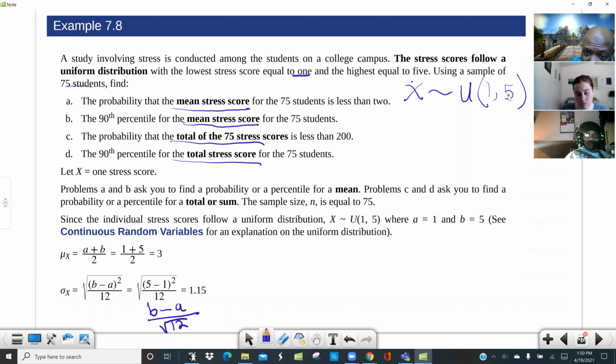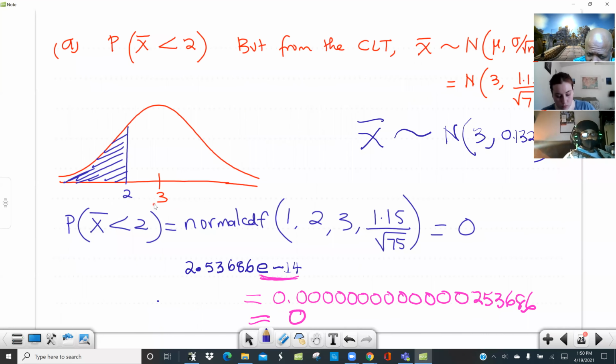But what they are saying is that if you take a group of 75 students, there is no chance that the average stress score is going to be less than 2. The average stress score for the 75 students is never going to be less than 2. So if you take the stress scores and then take the average of the 75, there's no way it's going to be less than 2.